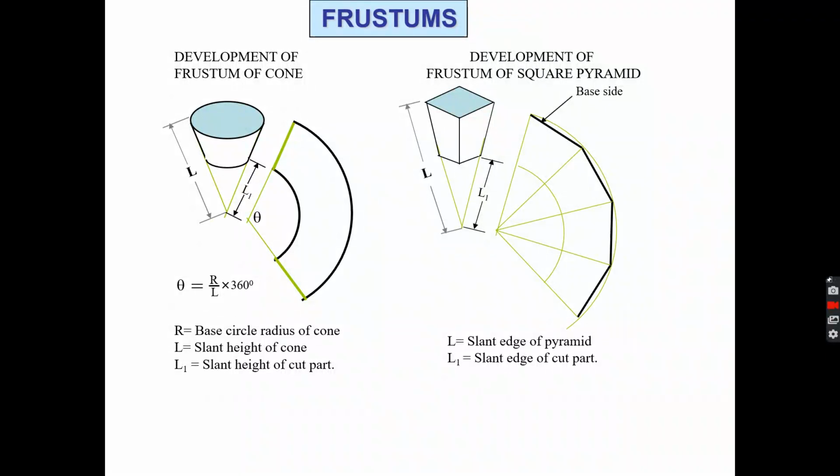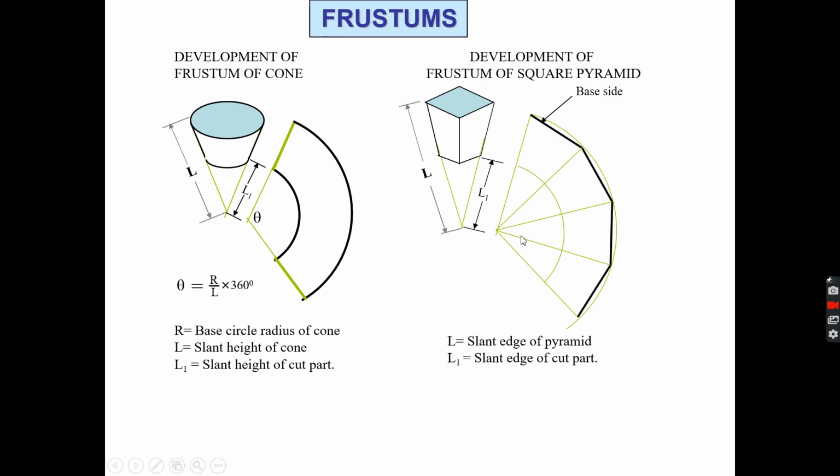In this case, you can see you don't have to measure the theta either. If you cut the first arc here, second arc, third arc, fourth arc, it will automatically get the end points.